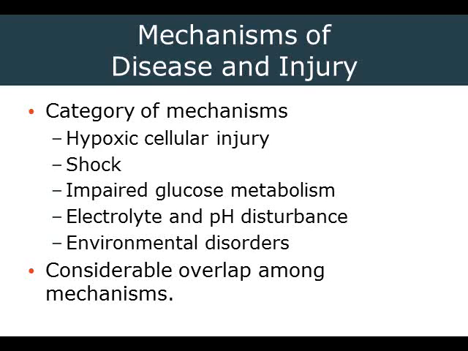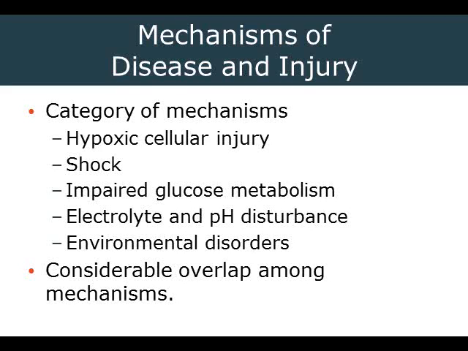That electrolyte and pH disturbance, when the body's pH gets way out of whack, that could be from various reasons listed above. But when the body's pH gets out of that 7.35 to 7.45 range, the body really starts to suffer, and you can become extremely acidic very quickly. With impaired glucose metabolism, we can have diabetic ketoacidosis, which is going to drive the pH down, which makes them more acidic.